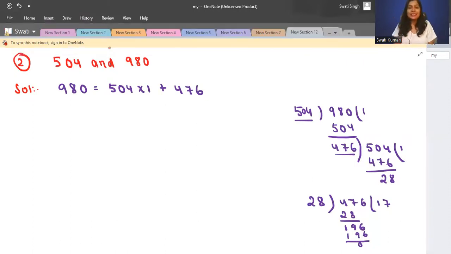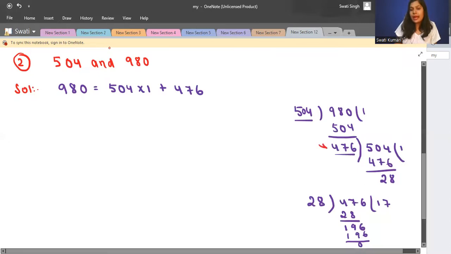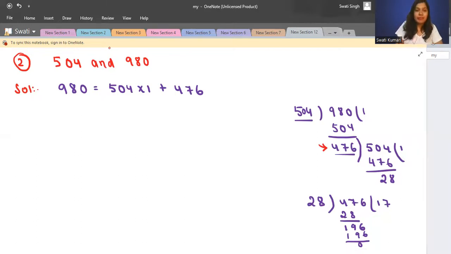Now, as you can see here, that now in the next step, this 476 has become divisor and this 504 has become dividend. So that is why 504 will now come here according to the formula. And then this 476 is a divisor. So divisor into quotient, which is again 1, plus remainder, which is 28.